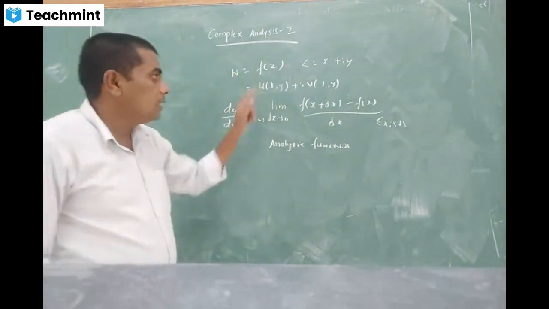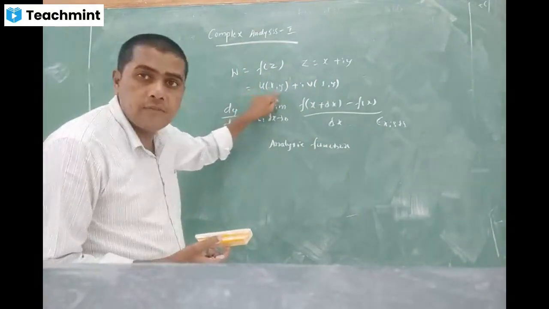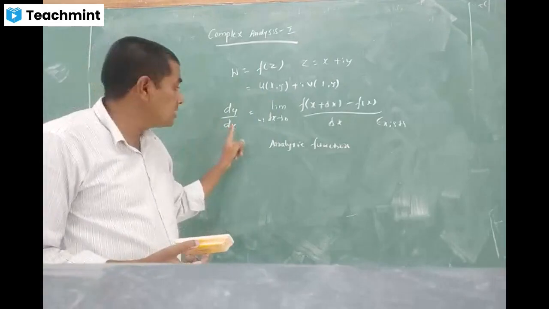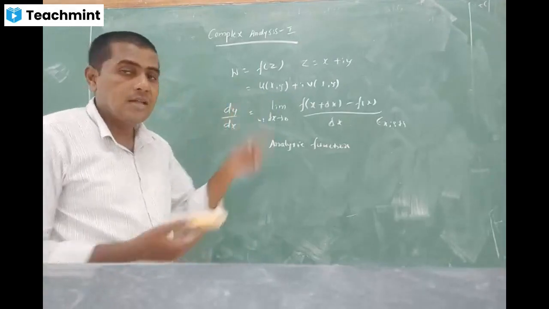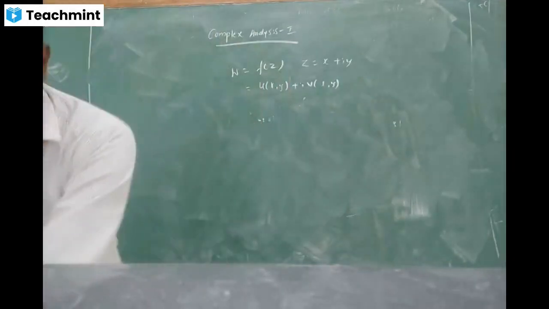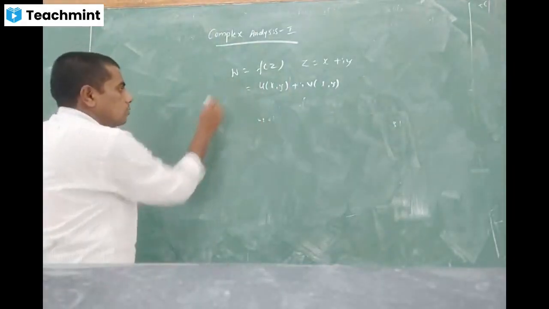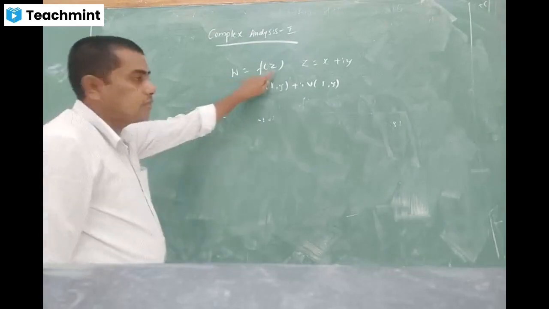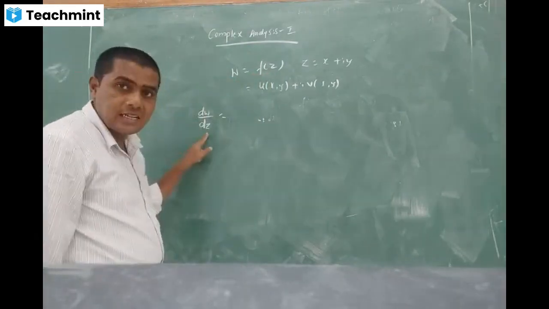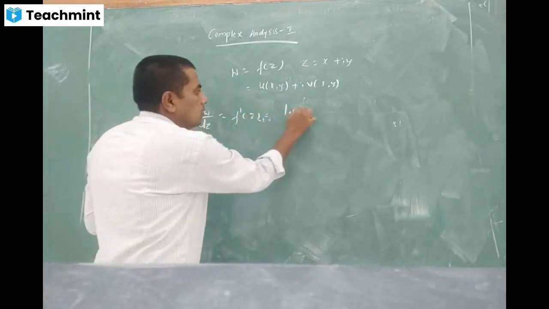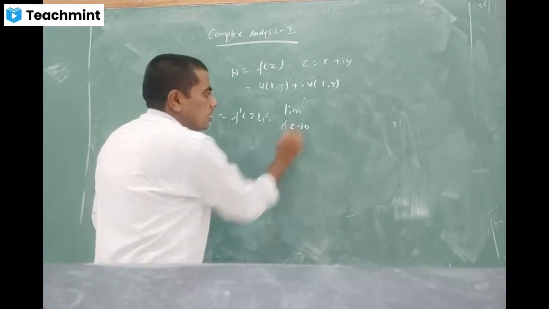So with respect to two independent variables, the definition of differentiability will change here. This is with respect to a single valued function, I said. So for a complex valued function, we define it like this: w is a function of z, dw by dz or f dash of z in general. f dash of z is equal to limit delta z tends to 0.